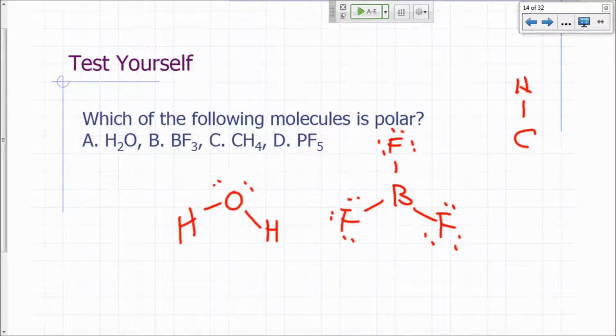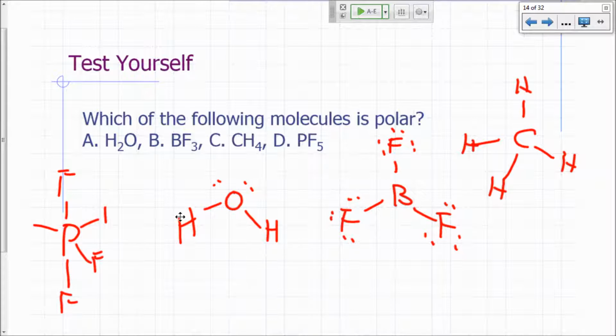CH4 is tetrahedral. And PF5 is trigonal bipyramidal. So which one is polar?